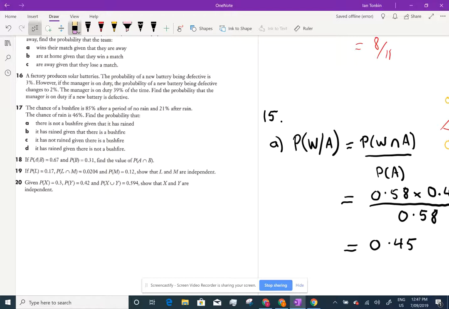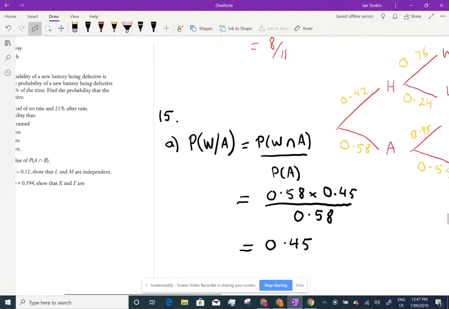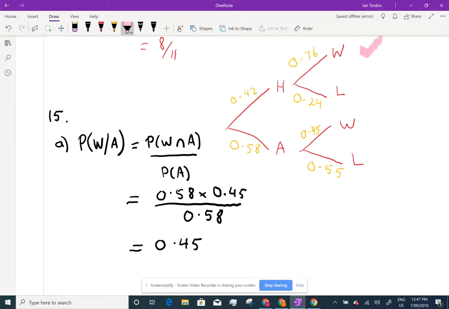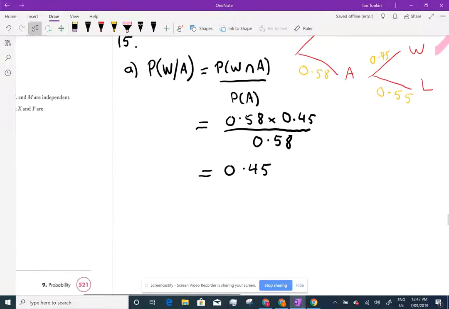Are at home, given that they win a match. Right, now this is a little bit trickier. Here are my two scenarios of winning. So I'm going to work out B. The probability that they are home given that they've won.